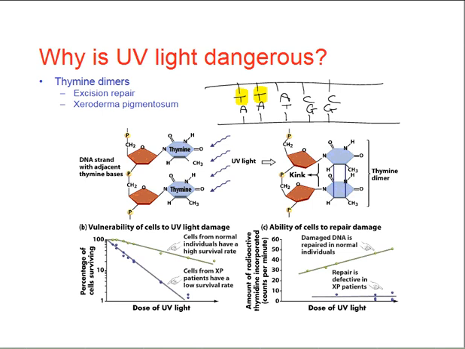When DNA is hit or struck by ultraviolet radiation, it has a very peculiar effect on these areas where I have 2 thymines side by side. What happens is when ultraviolet light strikes them, that breaks apart the hydrogen bonding that those thymine molecules normally have with adenine.